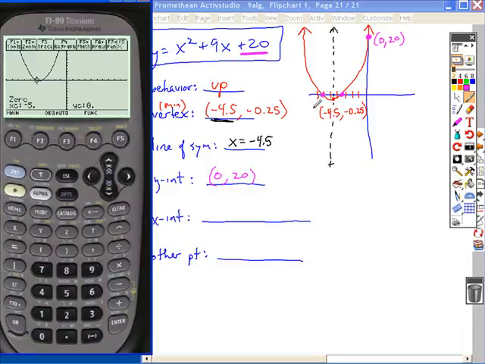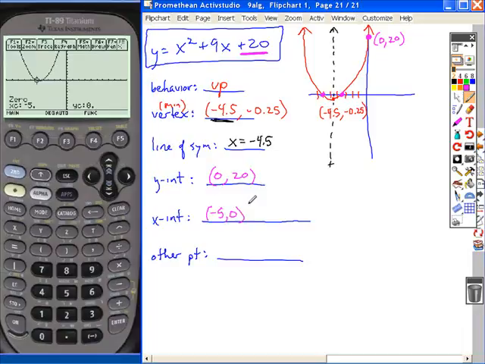Is that consistent with what we see here? Would this point be approximately -5, 0? Yeah, it's pretty consistent. Does it matter if you choose -6 for the x-intercept, as long as it's to the left? No. It has to be exact. There is a specific solution.